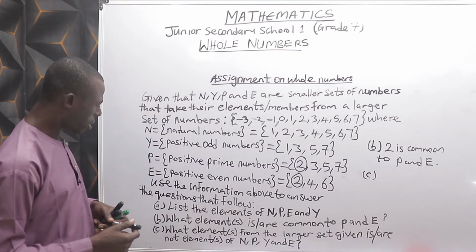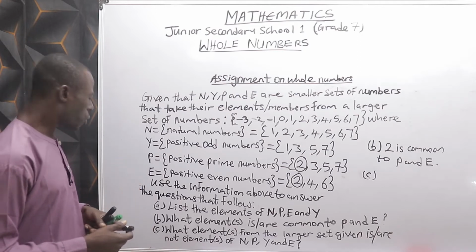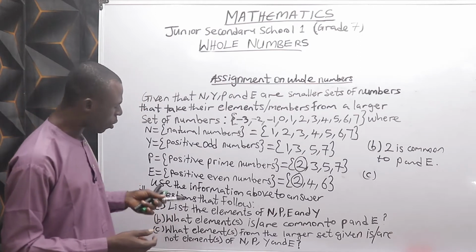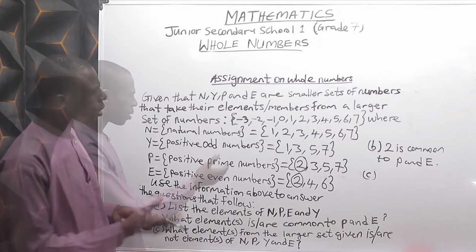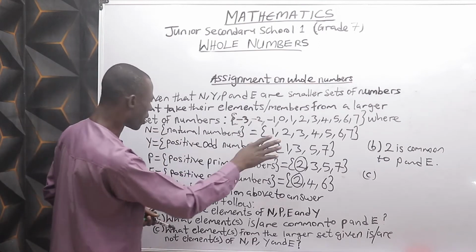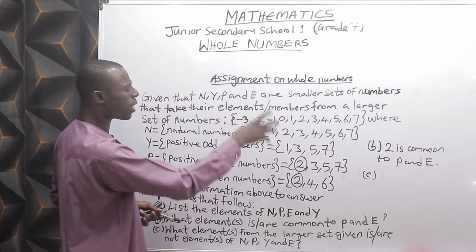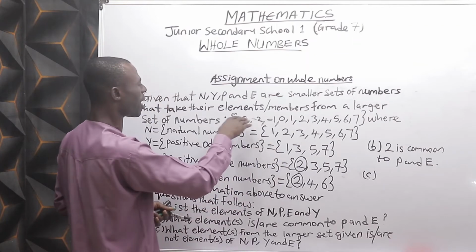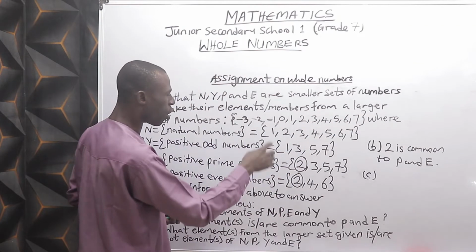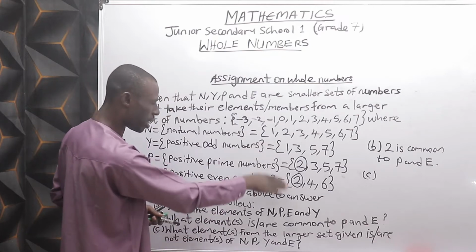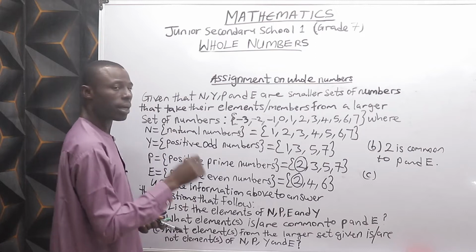Question C. What elements from the larger set given is or are not elements of N, P, Y, and E? Look at the elements of N, Y, P, and E. Which element from the larger set -3 to 7 are not represented in any of N, Y, P, and E?